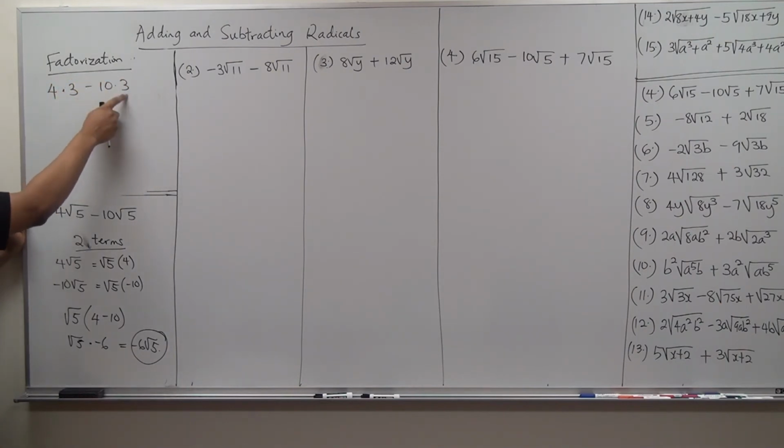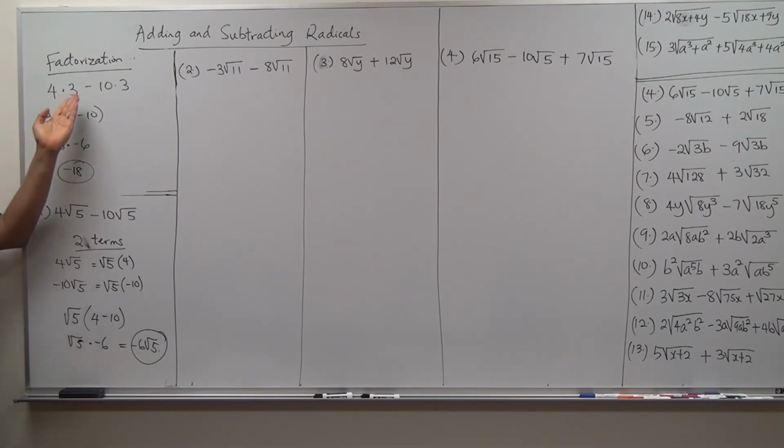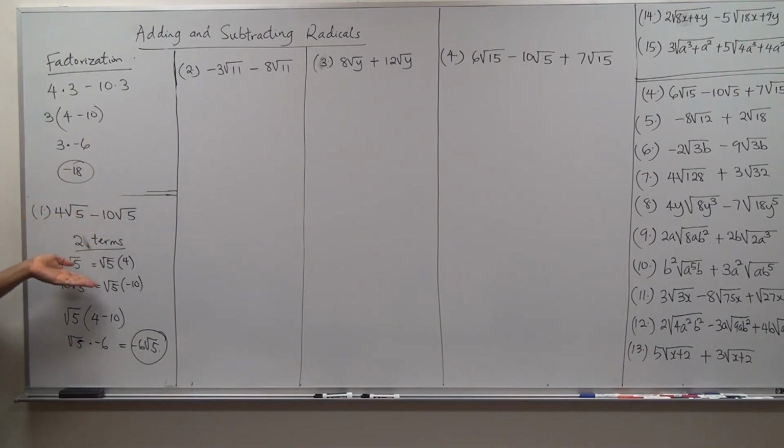Of course, here you know that 3 is common, and you just do 4 minus 10, and that will give you 3 times negative 6, and that will give you negative 18. This saves you time because you know how to factorize. You can easily simplify this radical.